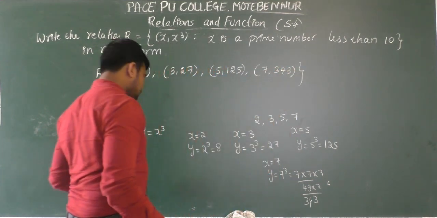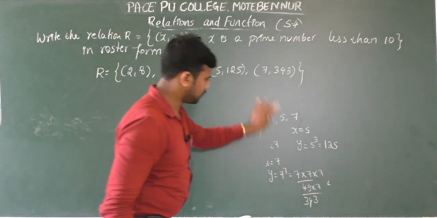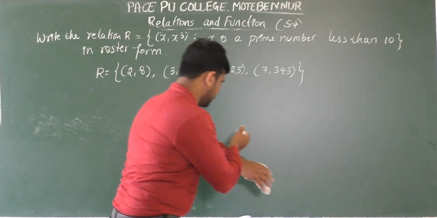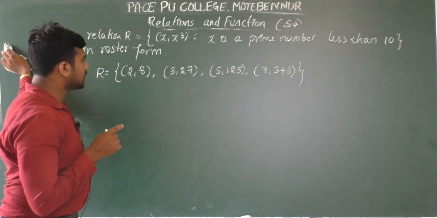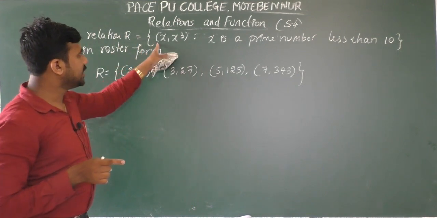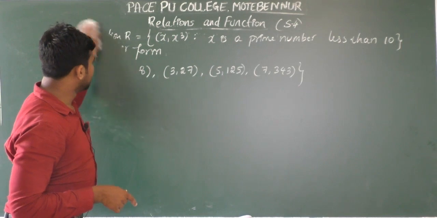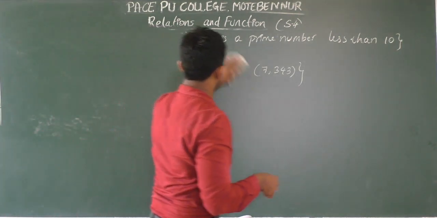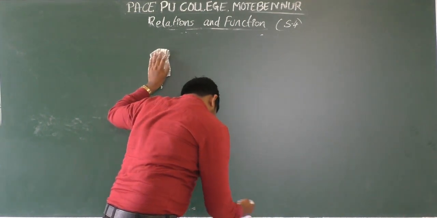So this is the set R you got, in roster form. Now the next question we'll see. I hope you understood this. The elements are in the form (x, x cube).